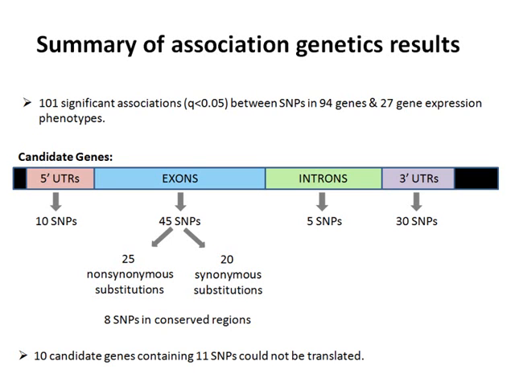SNPs in the UTRs and in the introns, there were also a lot of those. Those SNPs could possibly be affecting translational regulatory areas or splice site recognition sites. And then there were also 10 candidate genes that we couldn't translate, and these could possibly be non-coding RNAs.